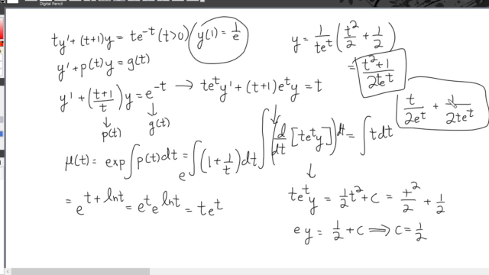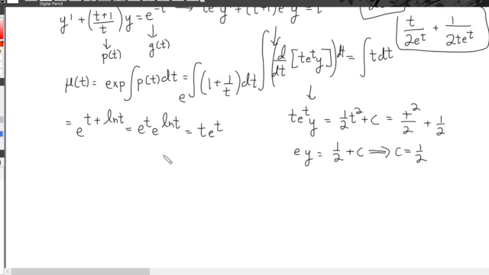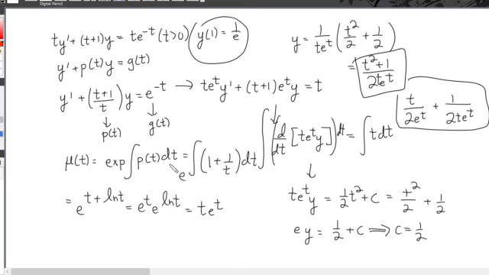And yeah, so that is how you solve a seemingly tricky first order linear differential equation with the integrating factor. And one important thing to keep in mind that I almost forgot is when you're solving for the integrating factor, ignore c, and you can solve for c later. So yeah.